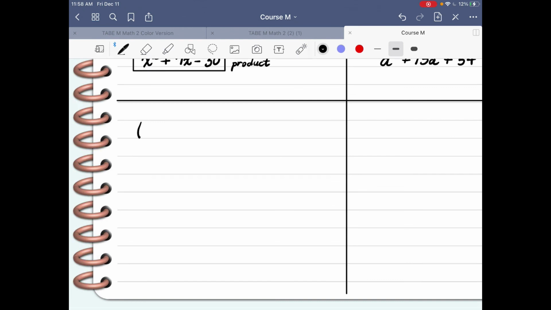Okay, here's another example. Let's do x squared plus 6 times x plus 7. And we're multiplying binomials, so we need to FOIL. First terms will be the x squared and the x. So that is a total of x to the third power.